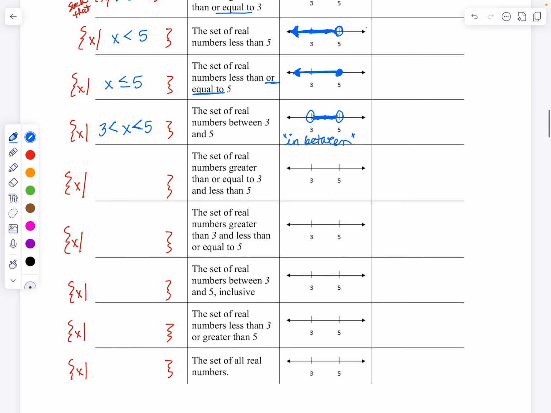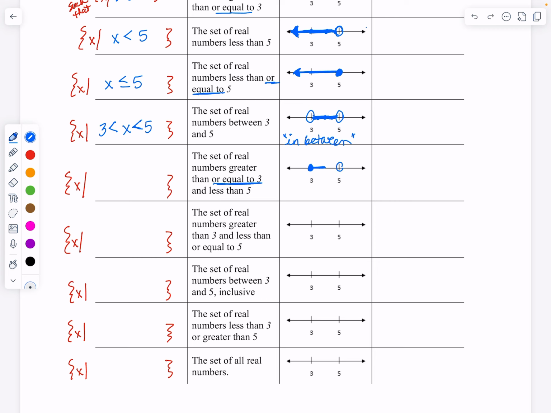All right, now this one says the set of real numbers greater than or equal to 3. You can have a solid dot on 3. So it's going to be greater than or equal to 3, and then less than 5.